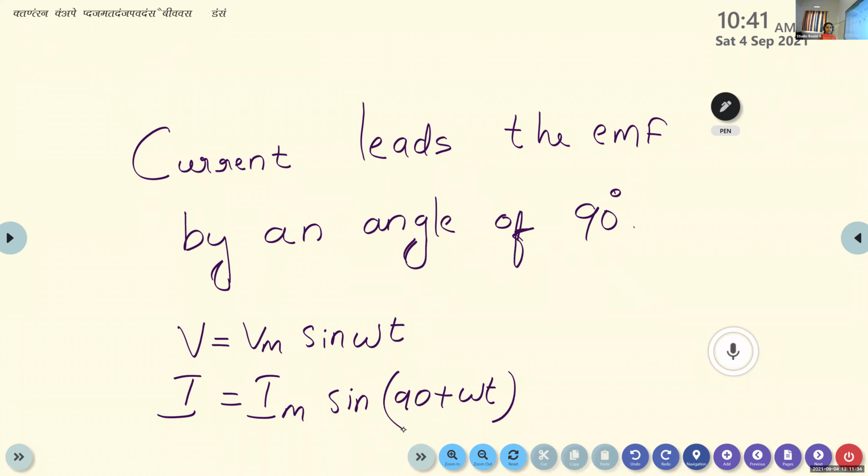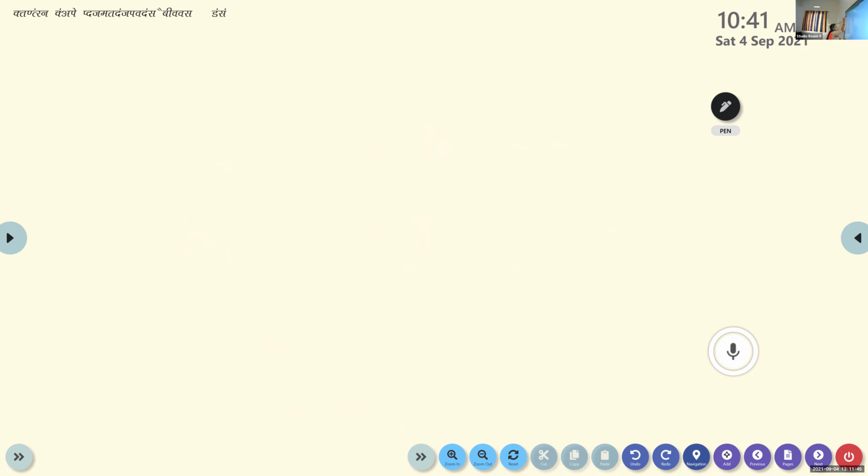The next topic that comes under the AC voltage through capacitor is graphical representation. So write the next heading: graphical representation of AC voltage through capacitor.